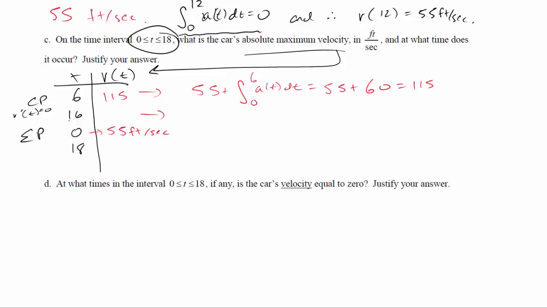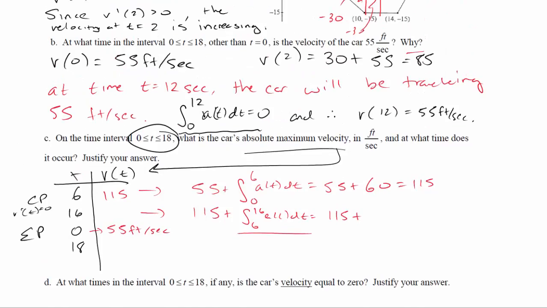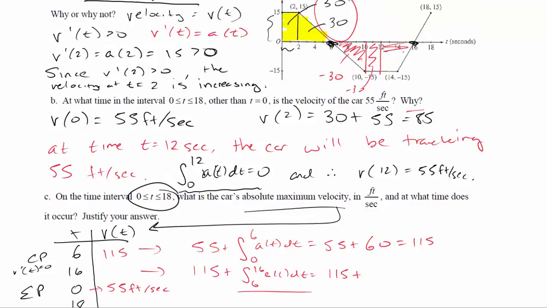Next, if I want to find the velocity at 16, I have to do 115 plus the integral from 6 to 16 of a of t dt. So this will be 115 plus, but what's this integral going to be equal to? Well, we have to go back up here. We have to figure out, okay, what is the area of all of this that's underneath the x-axis?